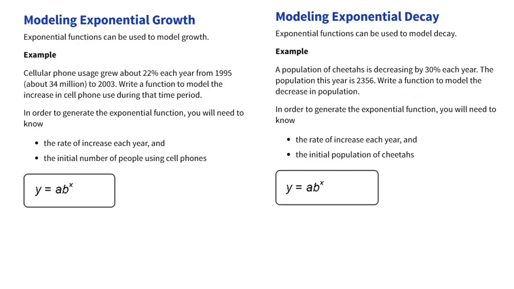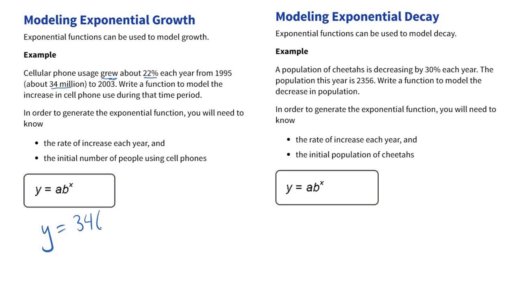Okay, let's look at a couple quick examples. So modeling growth. Cell phone usage grew 22%. Okay, write a function to model it. Well, it started at 34 million, so y equals 34, and you could type in million, or I'll just do this function in terms of millions.